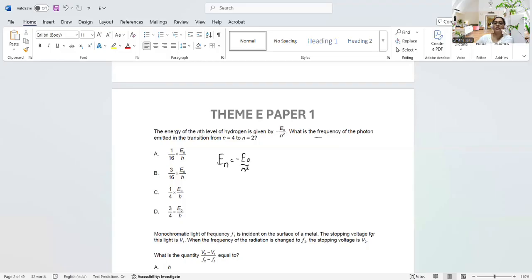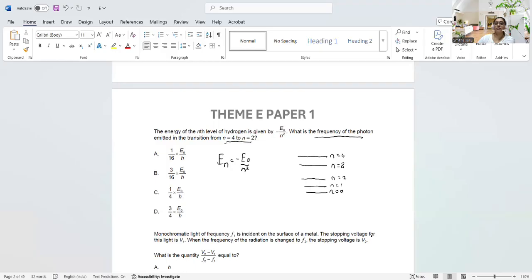What is the frequency of the photon that is emitted when there is a transition from level 4 to level 2? Which means from n is equal to 4, 3, 2, 1, and ground. So this is n is equal to 0, this is n is equal to 1, n is equal to 2, n is equal to 3 and 4.